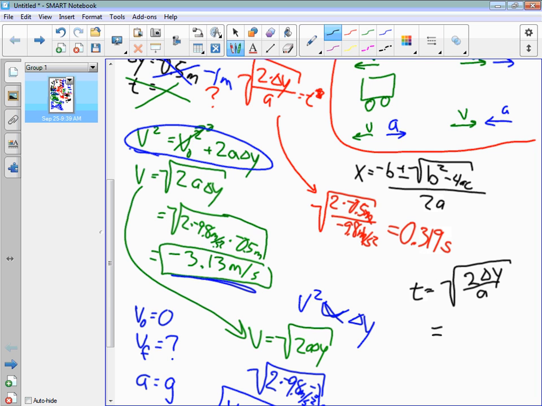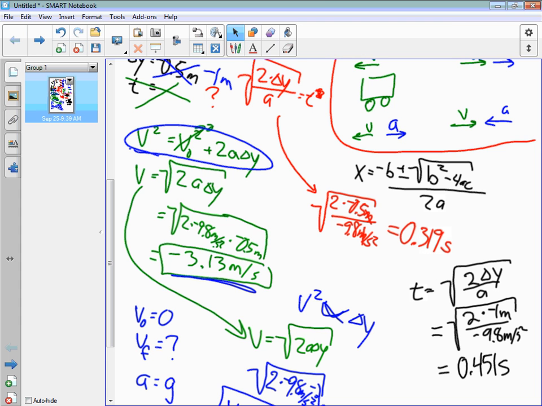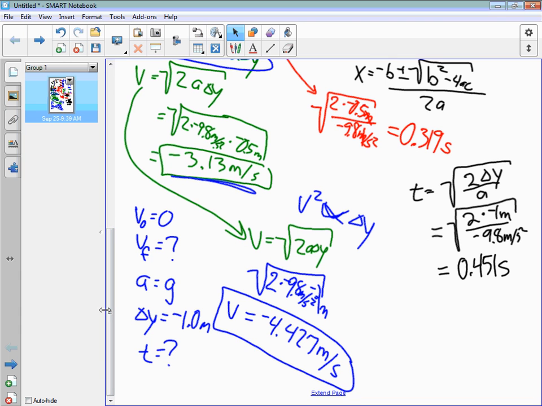Plug it in, and don't just sing the song, actually plug it in, please. 2 times negative 1 meter divided by negative 9.8 meters per second squared equals 0.451 seconds. Does that sound good? Guess what the relationship there is? Square root of 2, yes.